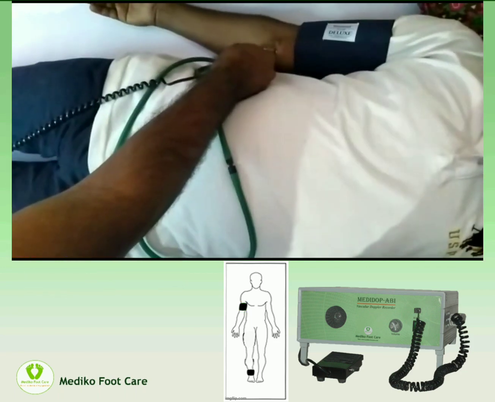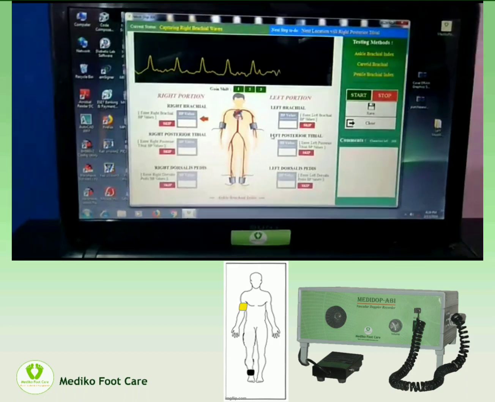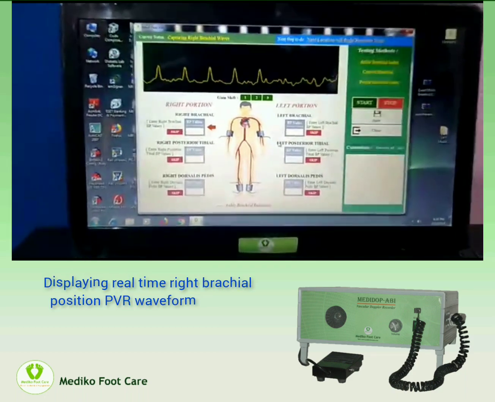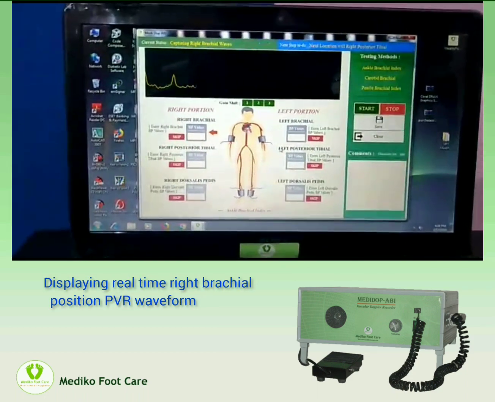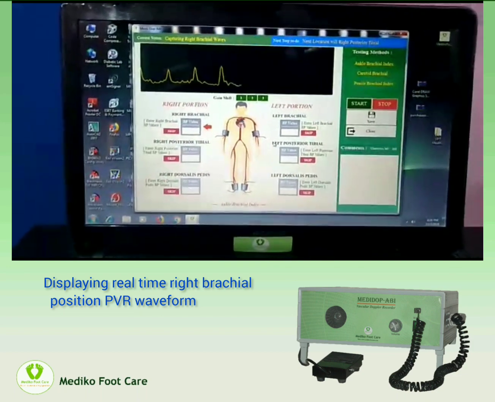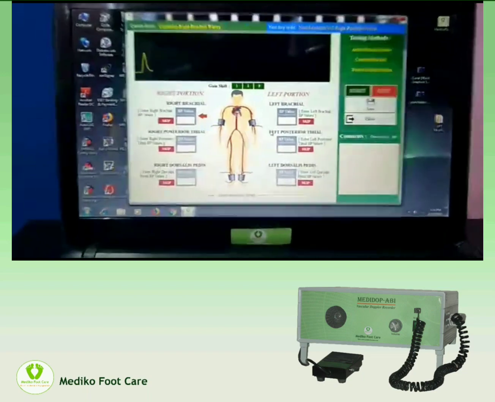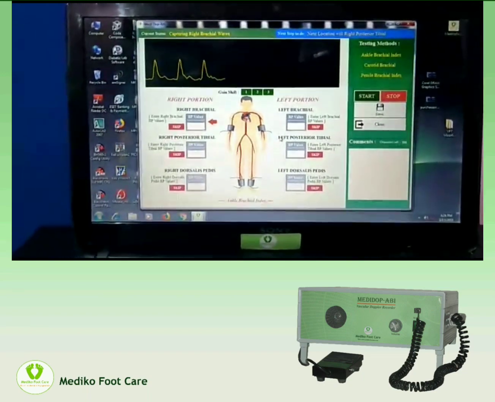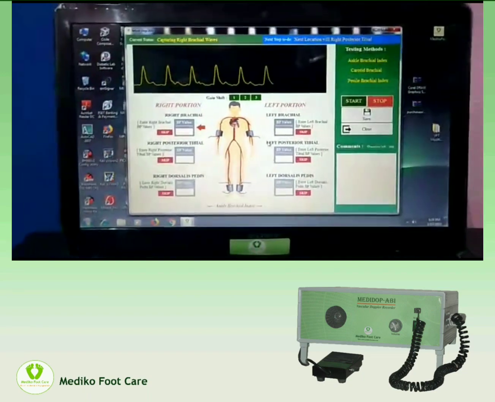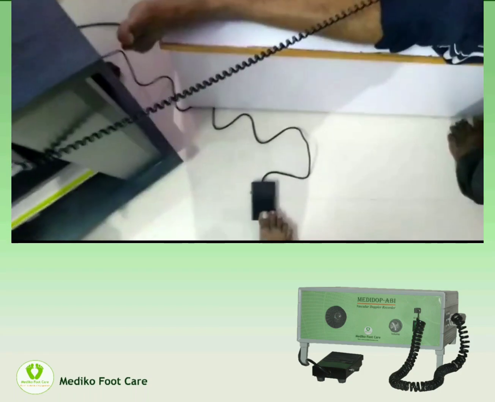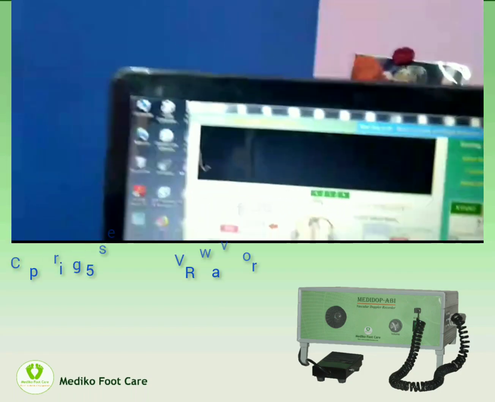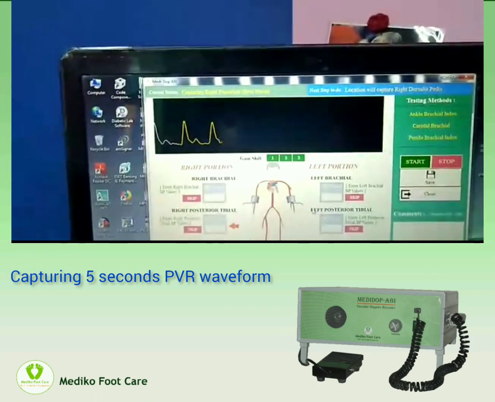Once the correct arterial sound is detected, check the PVR waveform on your monitor. The output of the Doppler sound is usually presented as an audible signal, so that a sound is heard whenever the correct waveform is screened. Then capture the PVR waveform by pressing the foot recorder switch. Our Medidop software program will automatically capture a 5 second waveform and store it.